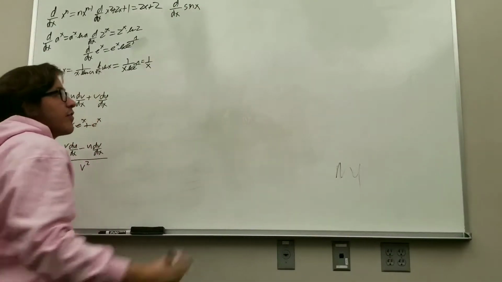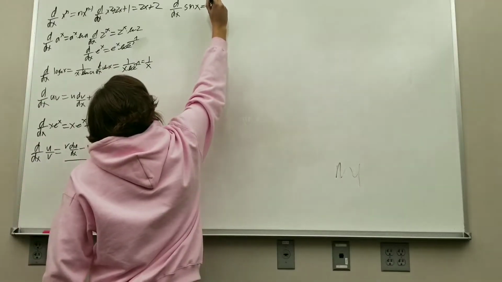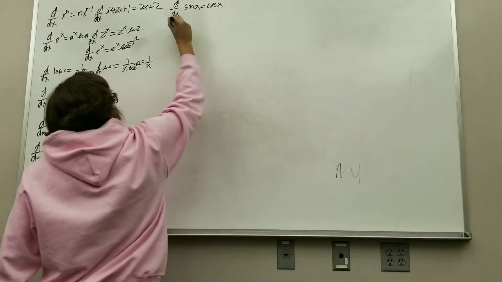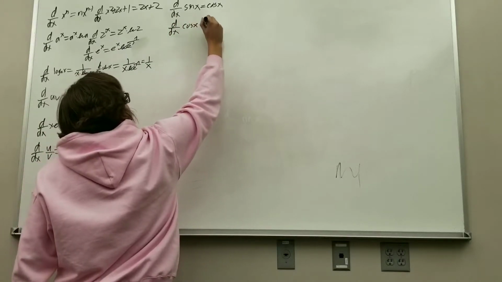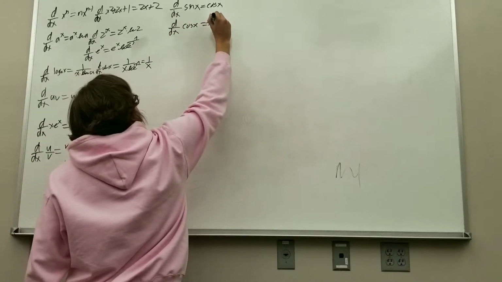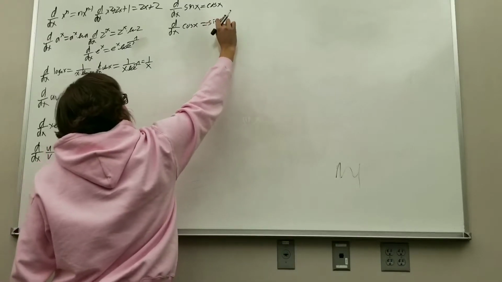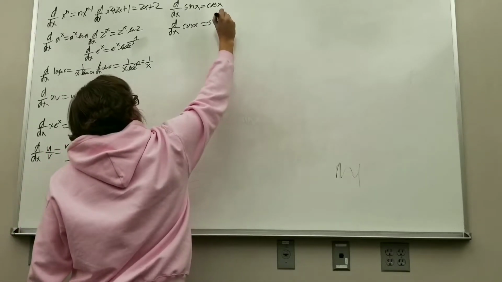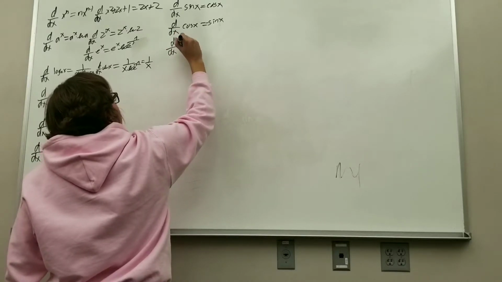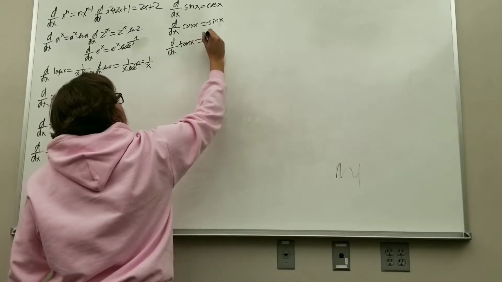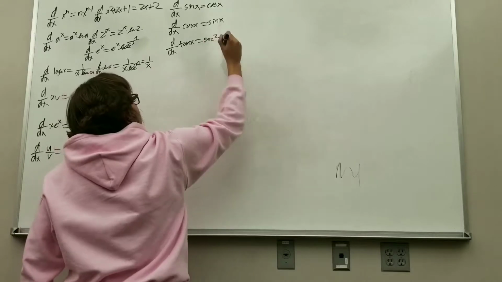So the derivative of sine of x is cosine of x. The derivative of cosine of x is negative sine of x, x not s. And the derivative of tangent of x is secant squared of x.